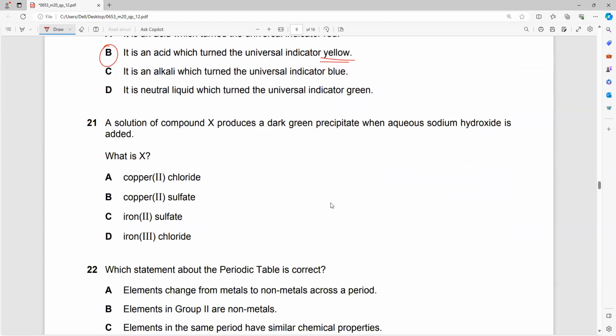A solution of compound X produces a dark green precipitate, very important. Can you tell me the reaction? Precipitate means what is the name of the reaction?